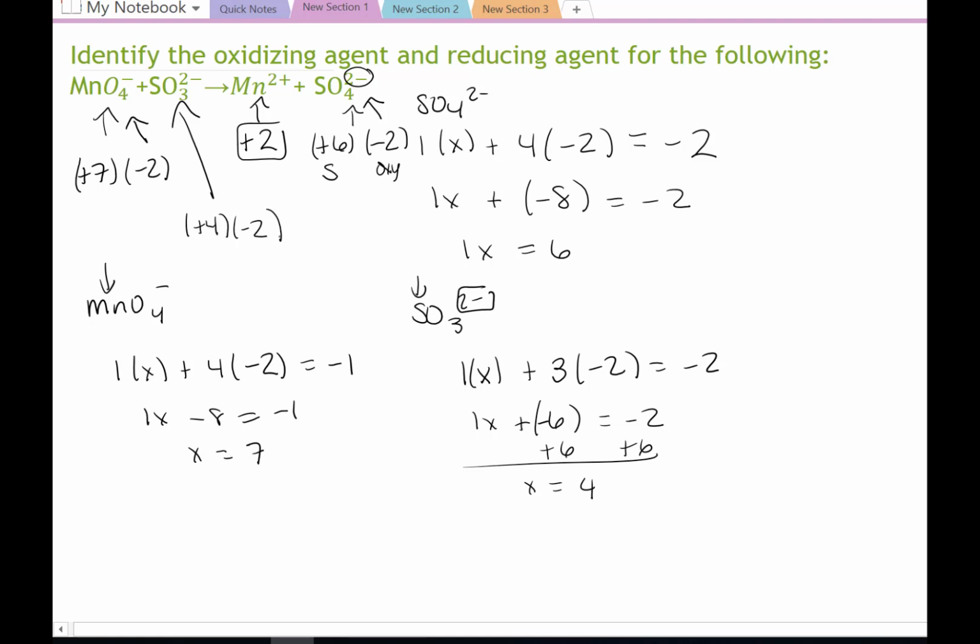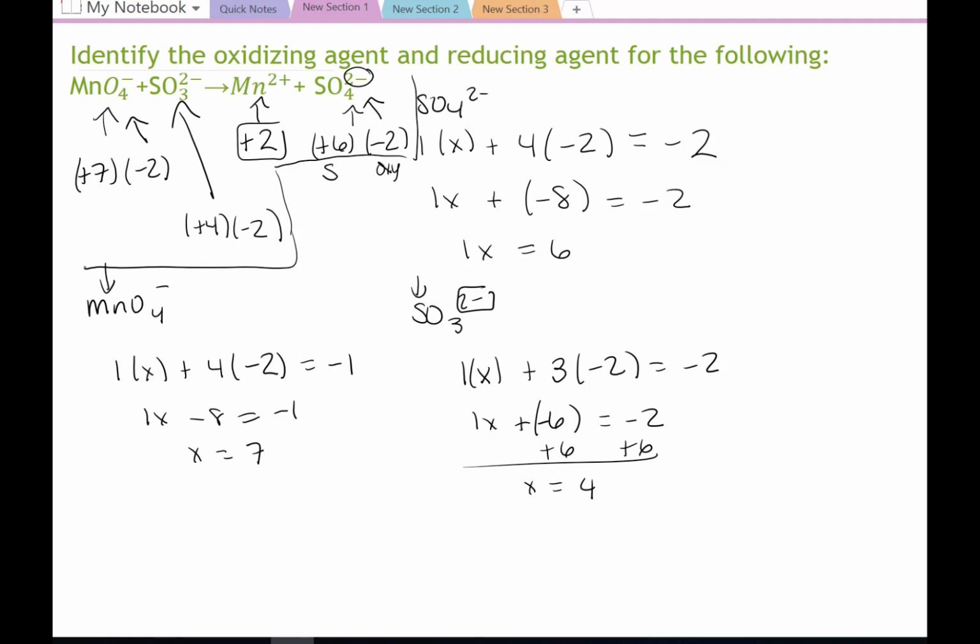So now that we kind of have this all in its oxidation states for each atom or element inside every compound, now we can look to see what is being oxidized and what is being reduced. So we notice that oxygen is just staying the same. So oxygen's not a player in this, in the sense of what's being reduced and what's being oxidized.